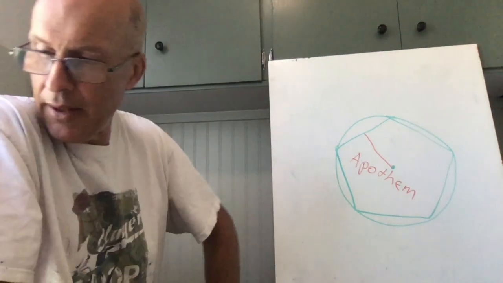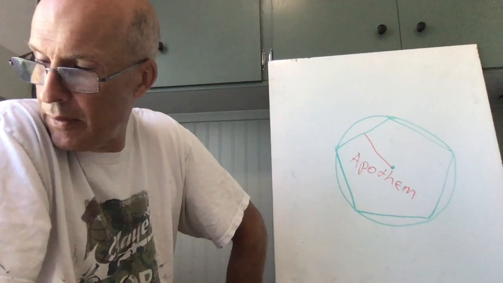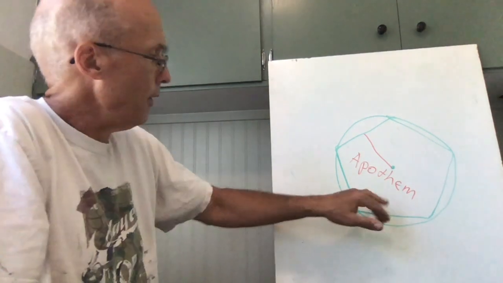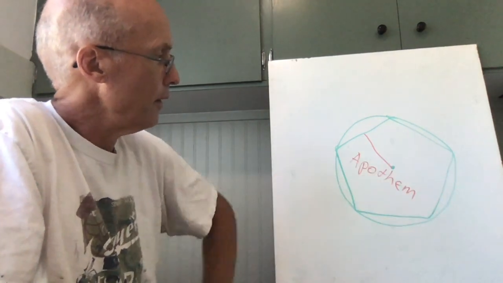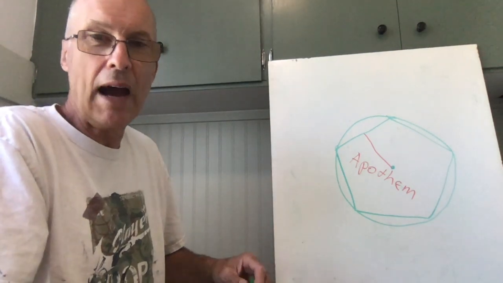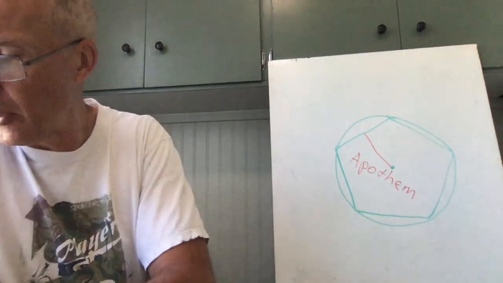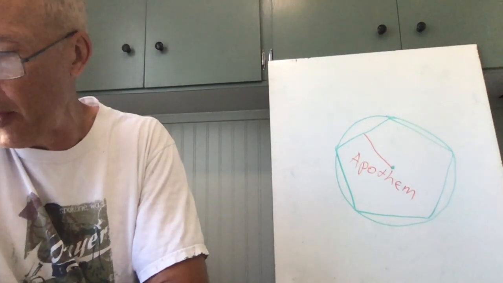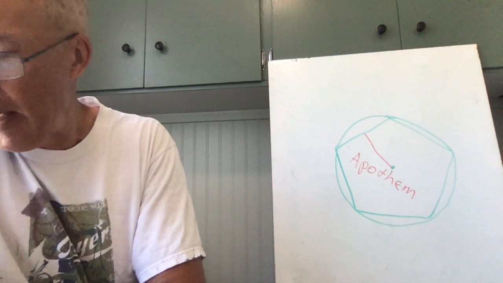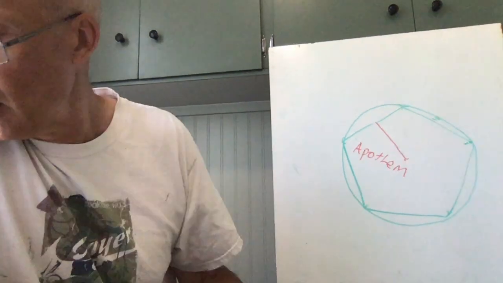And the technique for finding the area of a regular polygon like this, let me do this in a little more organized way. Let's talk about the central angle first of all.